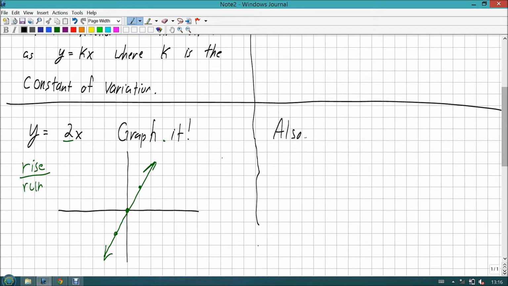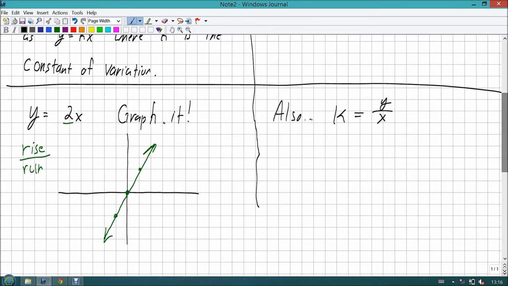Also, the constant of variation can be rewritten as y over x. This is used on occasion, rarely, but it can be used for an example.